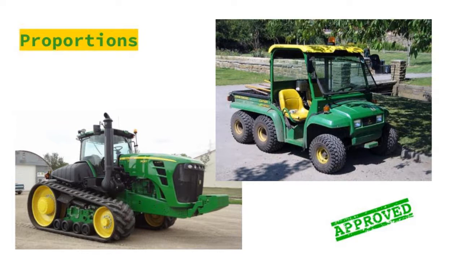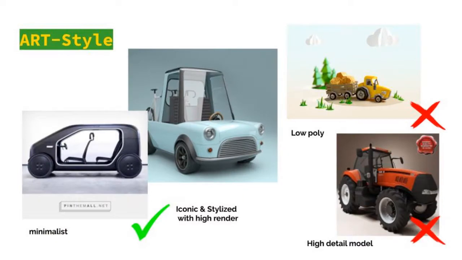The proportion, I always like the current proportion for those John Deere cars. I feel it's already stylized, it's already exaggerated, so I don't need to change the proportion. I just need to catch it and convert it into a 3D model or a kid's toy. Regarding the art style, it's going to be minimalistic, iconic, super high rendered, no low poly, no high detail model.